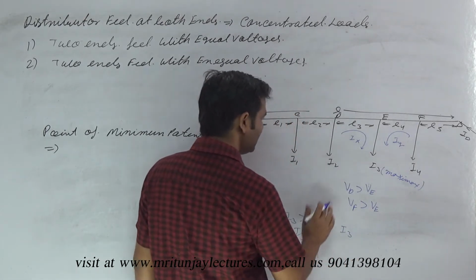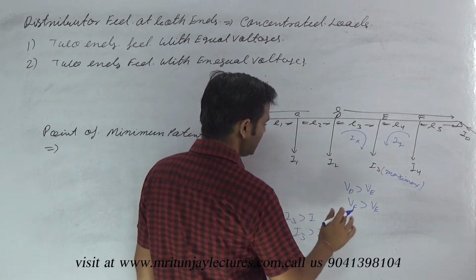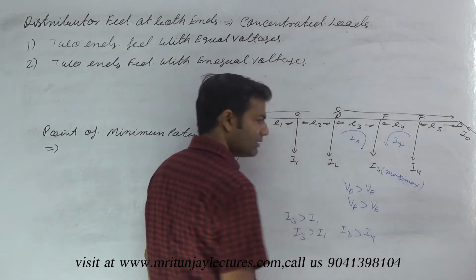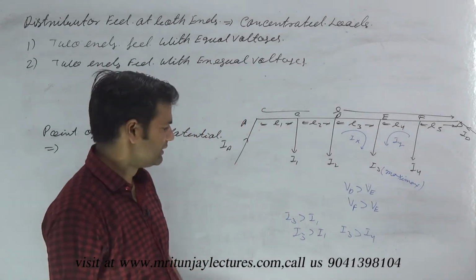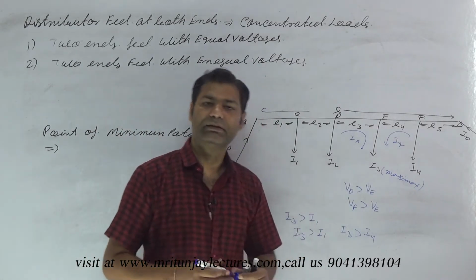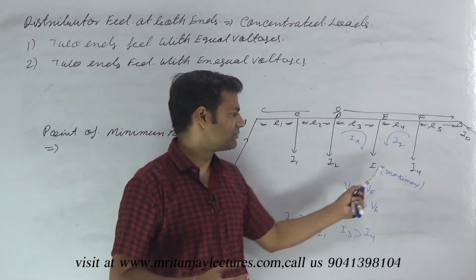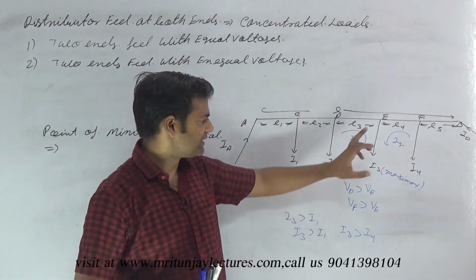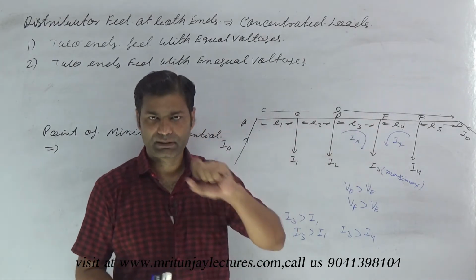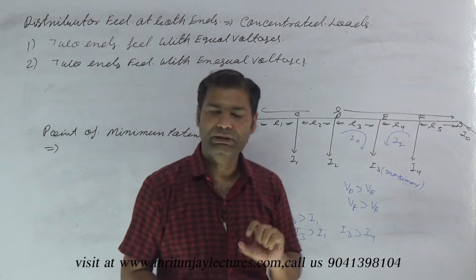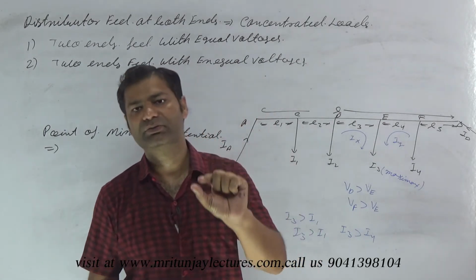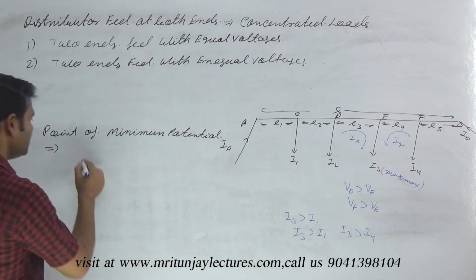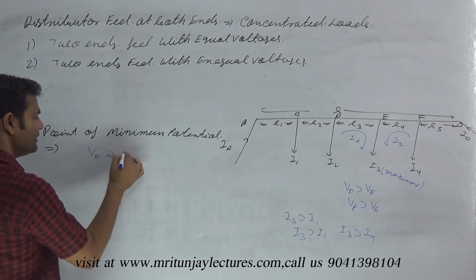Clear? If I3 is greater than all the currents I1, I2 and I4, it means this point behaves as a sink, and we get the maximum current. What about voltage? That is the minimum voltage. So VE is the minimum voltage.